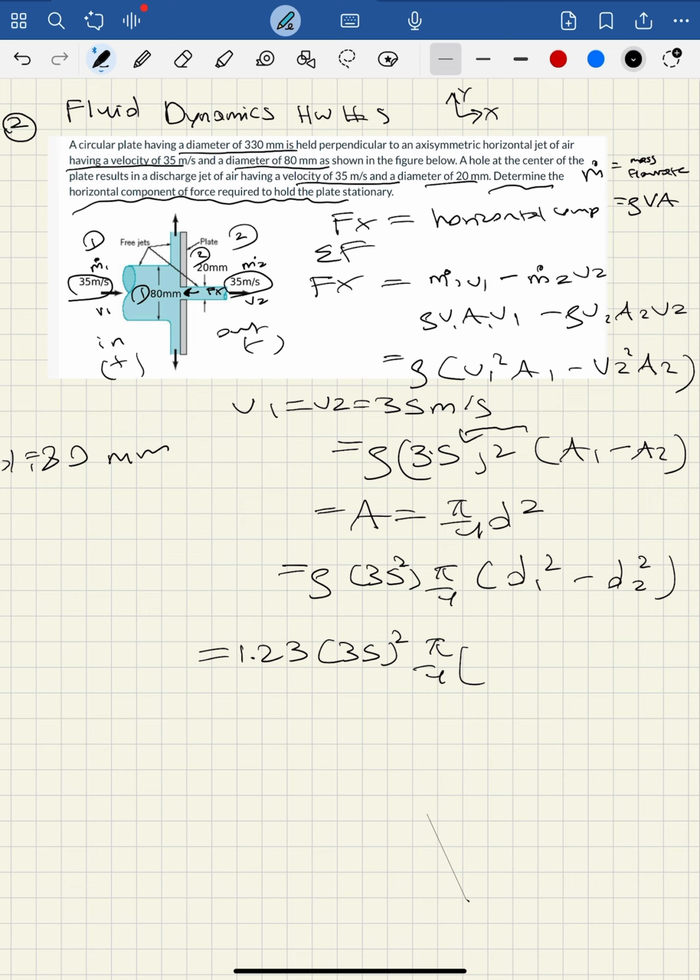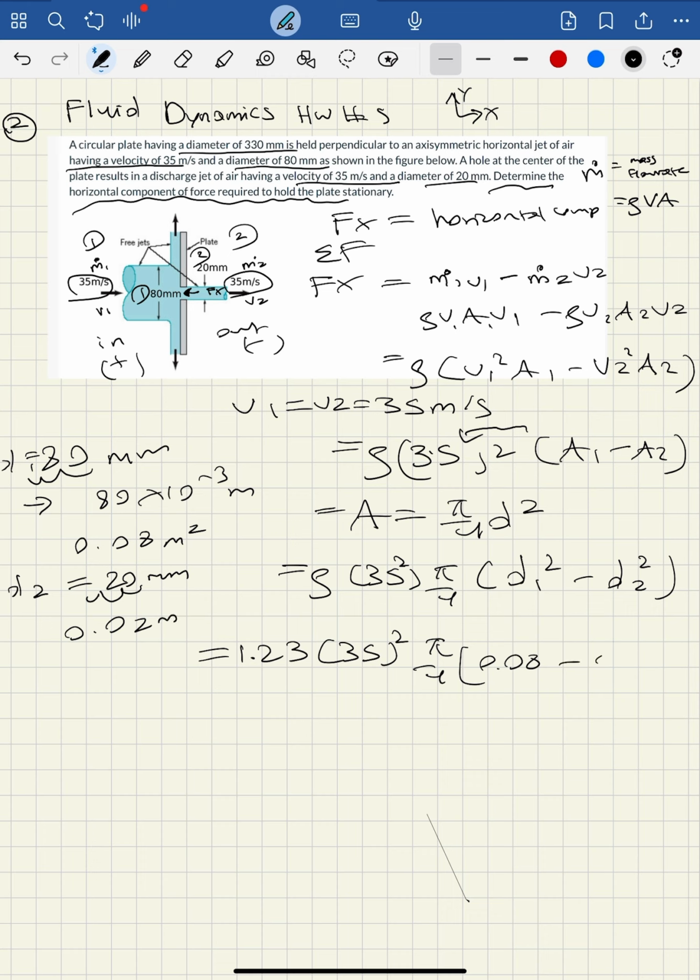We're going to go ahead and convert this to meters. So that's 0.08 meters. And then that's going to be cubed. So go ahead. You do the same for the other one. Diameter 2 is going to be 20 millimeters. So go ahead. That's 0.02 meters.